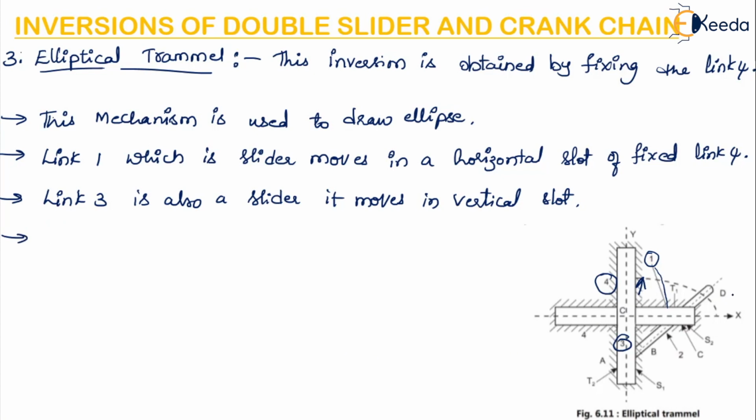Then there is a point D. You can see a point D here on the extended portion of link 2. This is link 2 and the extended portion is marked with a point D. It will trace the ellipse with the system of axes which is shown in the figure.